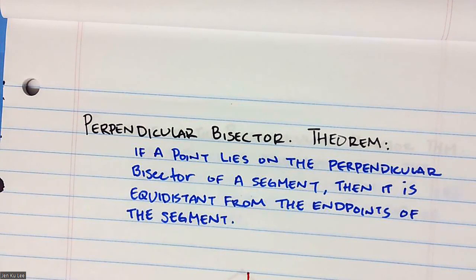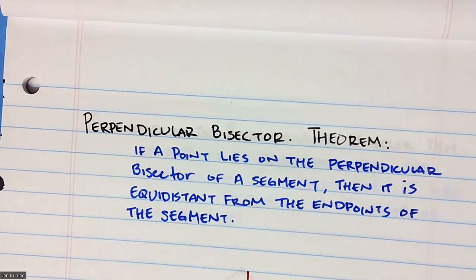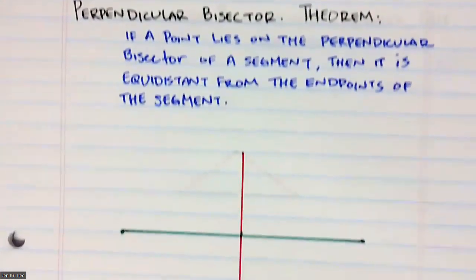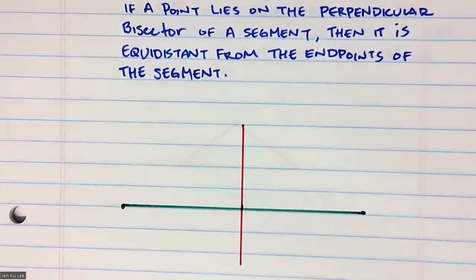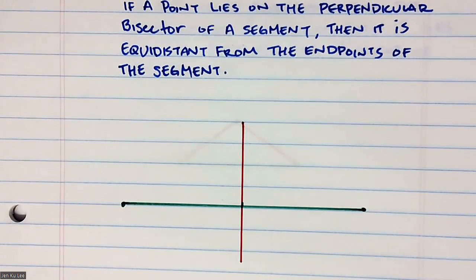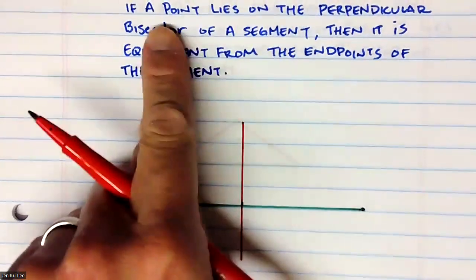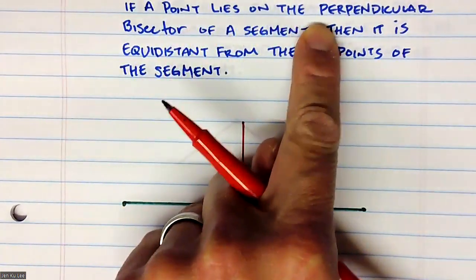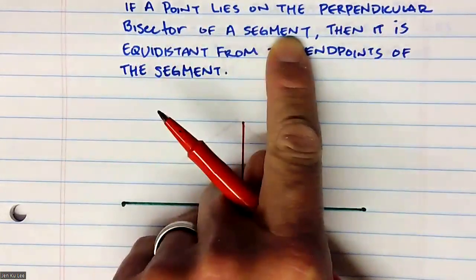If this happens, then this will happen. If I study for a test, then I will get a good grade. So you have to study first. The if statement has to happen first. If a point lies on the perpendicular bisector of a segment.